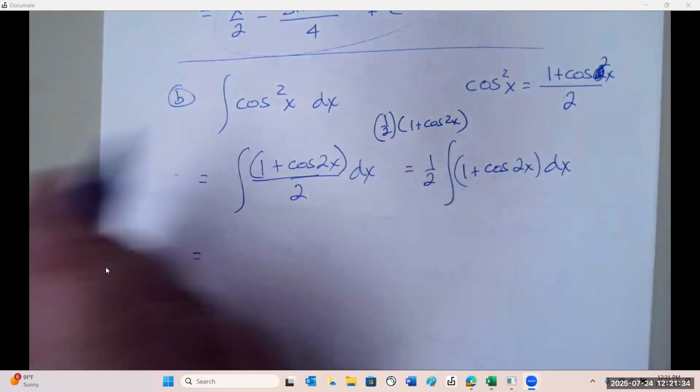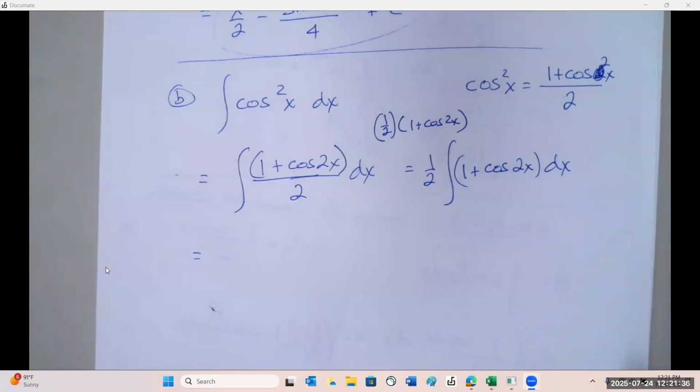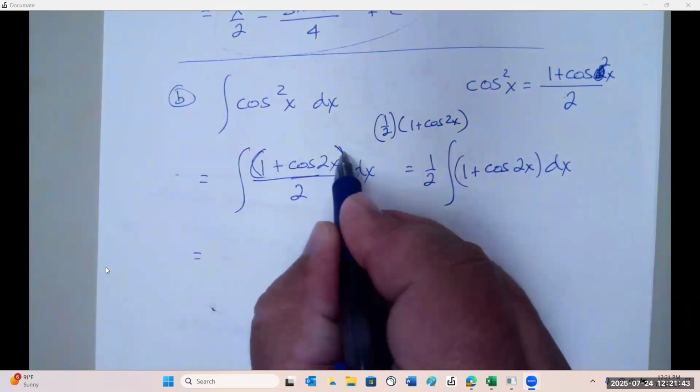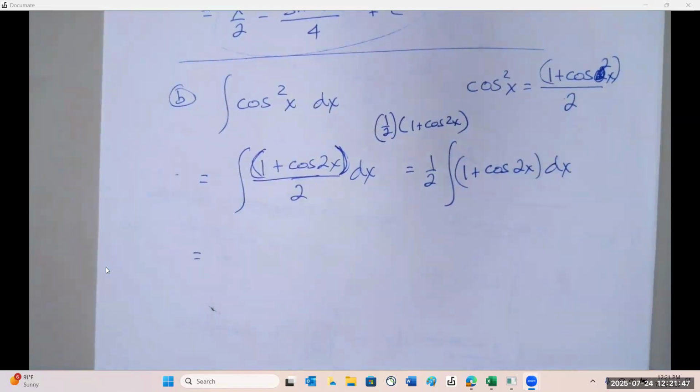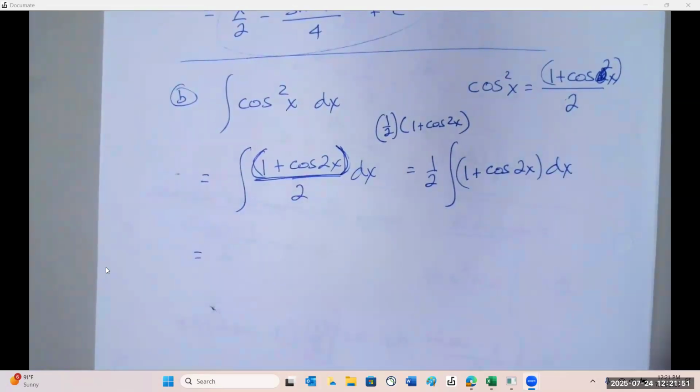Oh, okay. Any fraction can be taken out. Okay, I was thinking that 1 in front of that plus sign was a part of that 1/2. No, it's the numerator. It's a whole numerator. The whole thing is divided by 2.